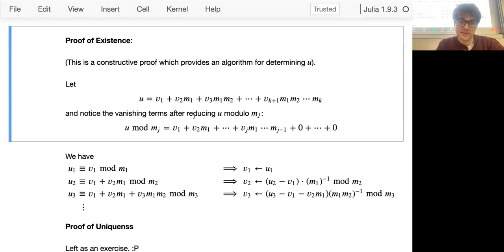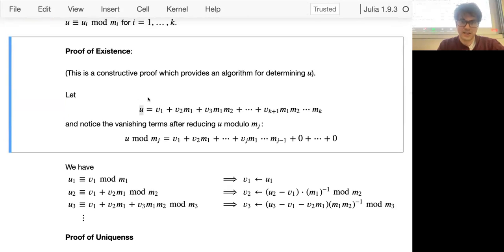So let's study this. u is equal to this number. That's what I'm stating is going to be the answer. So v1 is multiplied by nothing. v2 is multiplied by m1. v3 is multiplied by m1 and m2. vj is going to be multiplied by m1 through mj minus 1, all the way up to vk, which is multiplied by all of them.